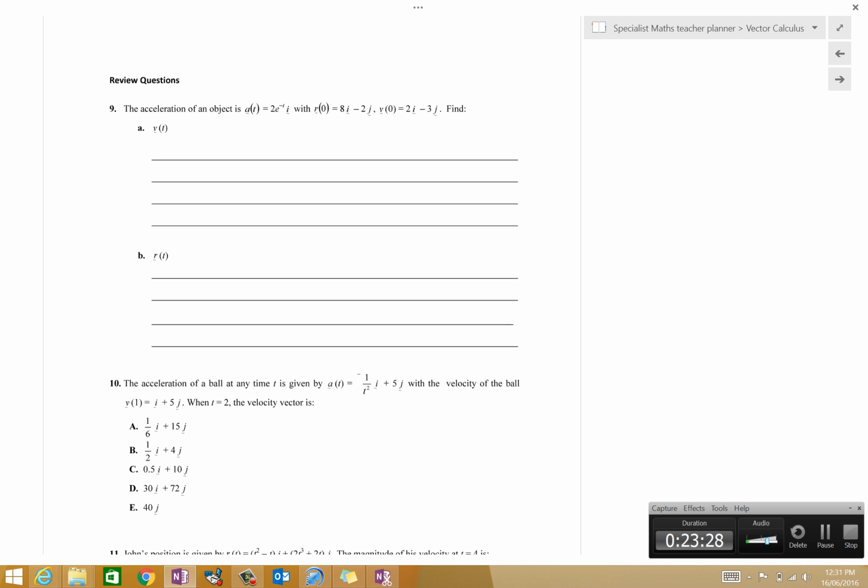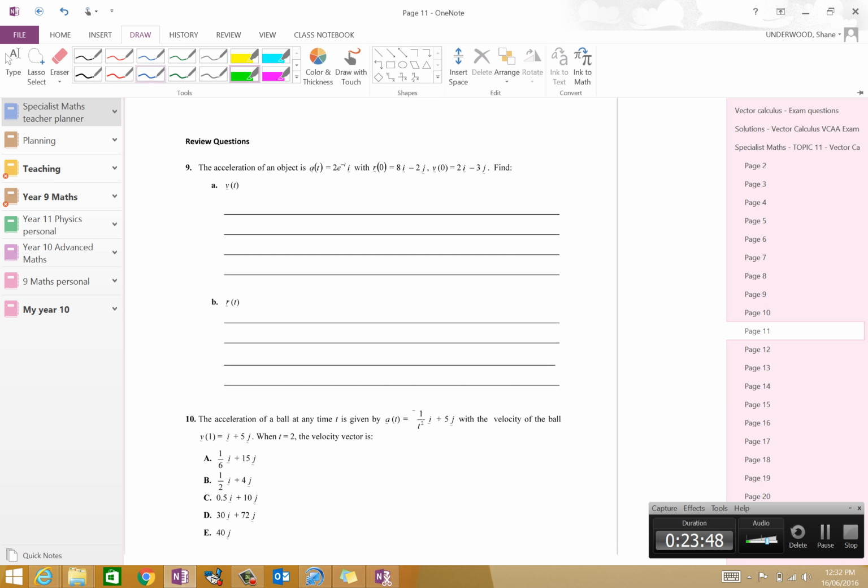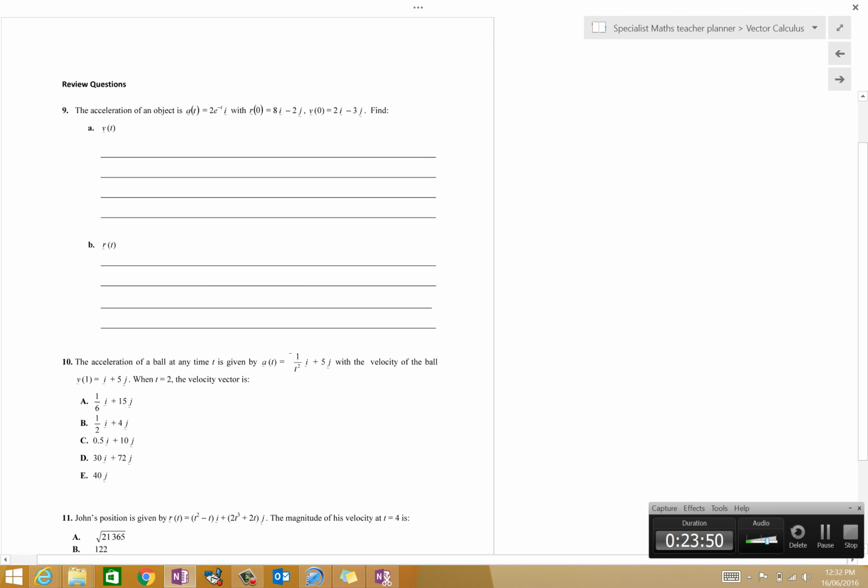The velocity does have a j component. What that's saying is that the velocity when time is equal to 0 is 2i minus 3j. There's an i and a j component. So it's saying here, find an expression for the velocity. So I'll get my little highlighter, I'll get rid of that, and let's have a look at that.